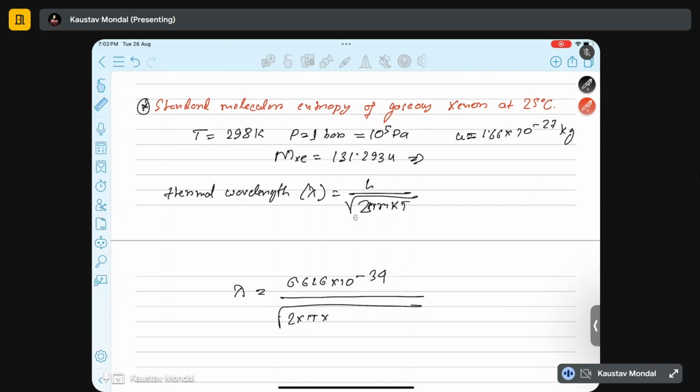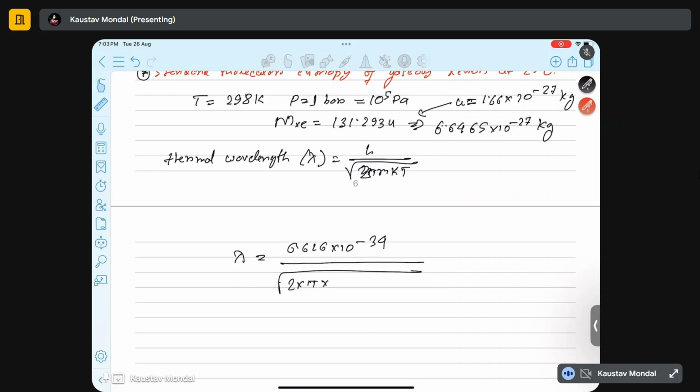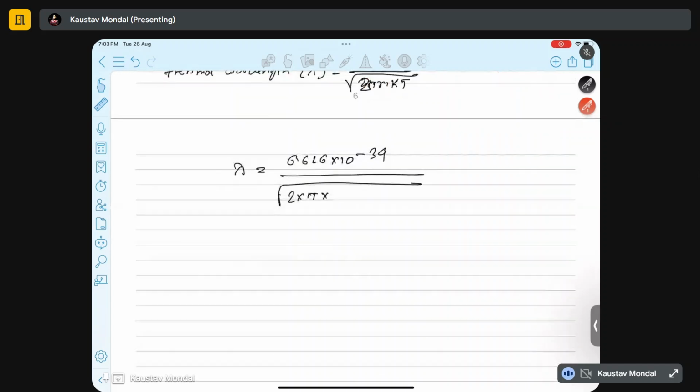This will give the mass of a xenon particle. Now substitute 2 pi m, and the k value is 1.38 into 10 to the power minus 23 into 298.